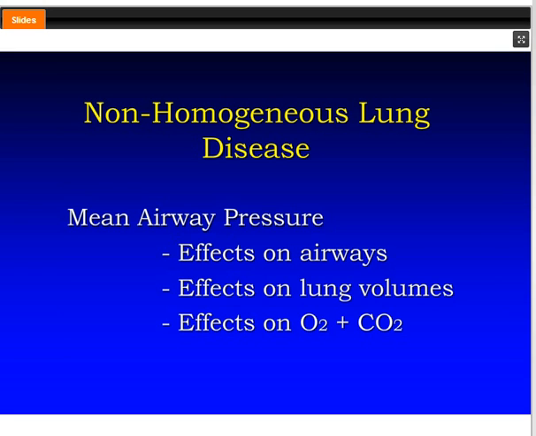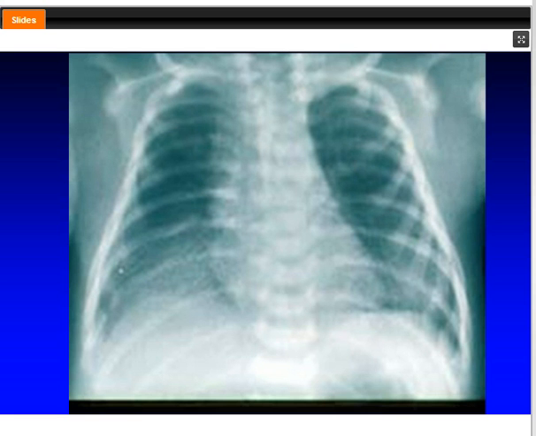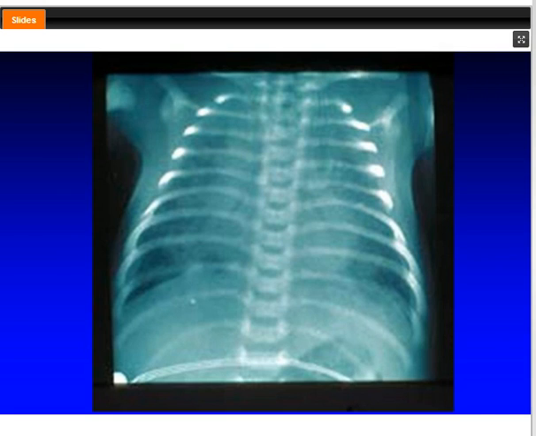So again, appropriate mean airway pressure to keep the lung open and get your patient where you want to be. Again, this is the baby with pneumonia. It's got non-homogeneous lung disease. You want an adequate mean, but you don't want to overdistend the normal lung, because you may increase the risk of pulmonary hypertension in a patient who already has pulmonary hypertension. And this baby, again, has an inadequate mean airway pressure.